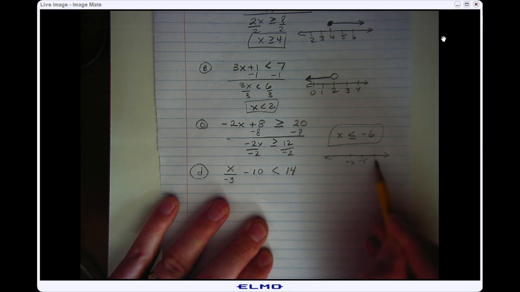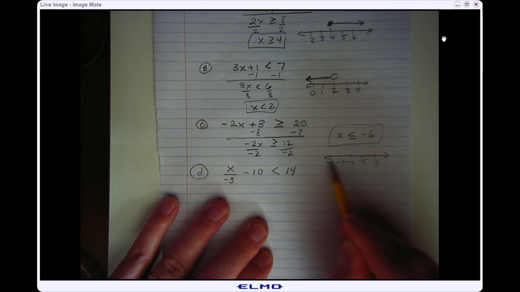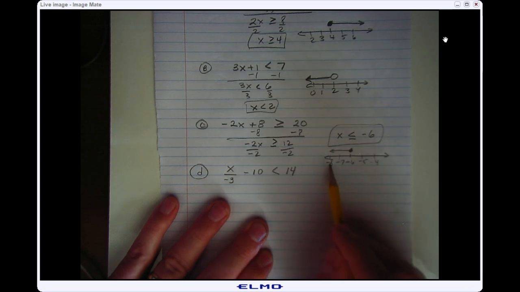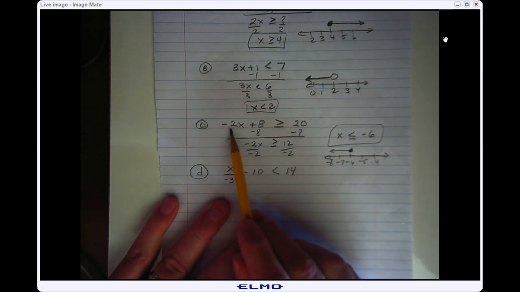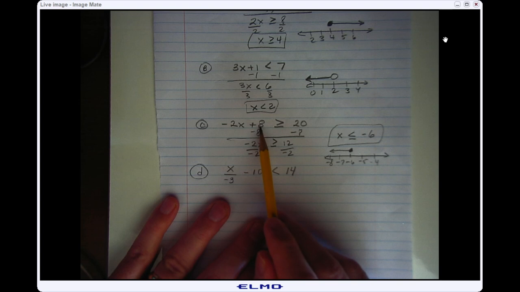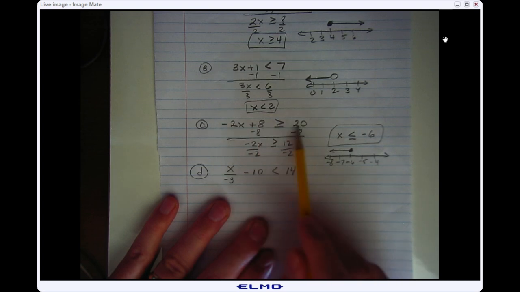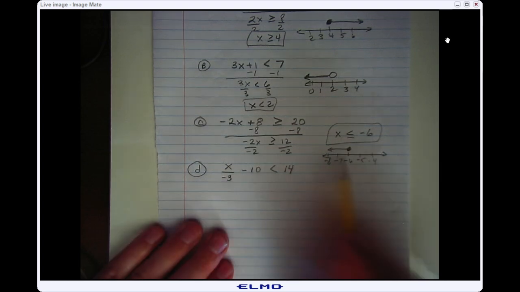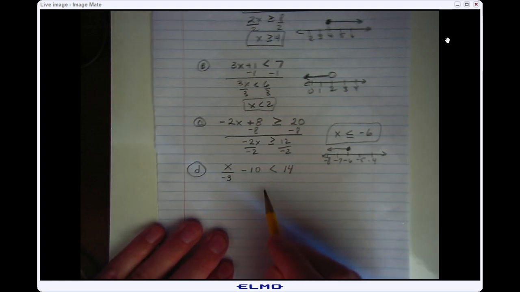Because there is an equal sign, I'm going to put a solid dot at negative 6 for my boundary point, and it's all numbers less than that. So now if I check, if I put in negative 8 times negative 2 is 16 plus 8 is 24, which is definitely bigger than 20. Now if I didn't switch that sign, I would have got that wrong with my graph going the wrong direction.